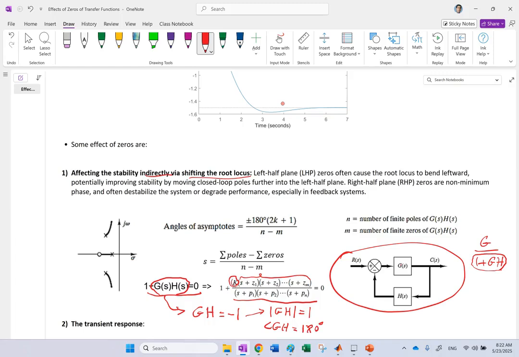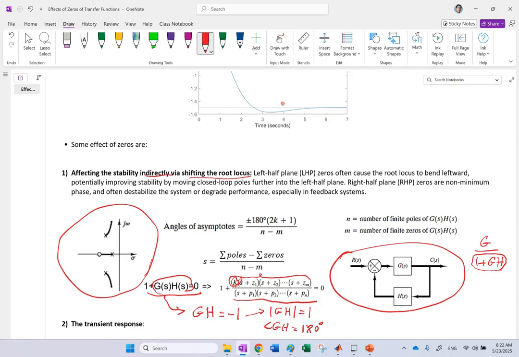Therefore, by changing this k, we can show the roots of the closed loop transfer function, or where gh equals -1, and you're going to get something like this. For instance, here you have 3 poles and 1 zero.